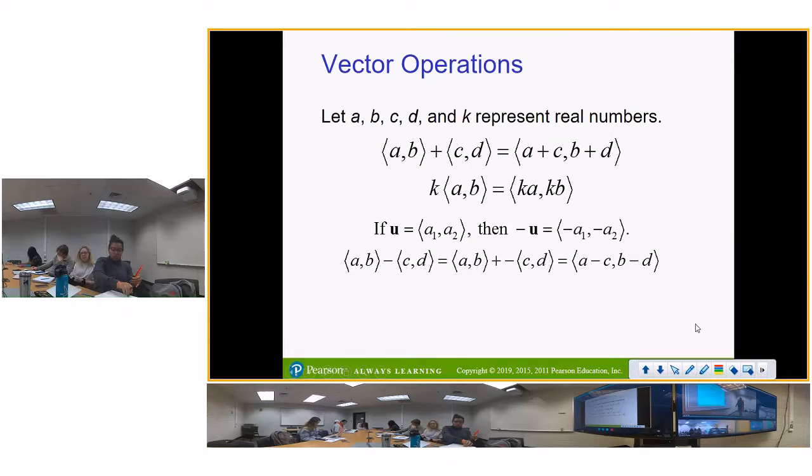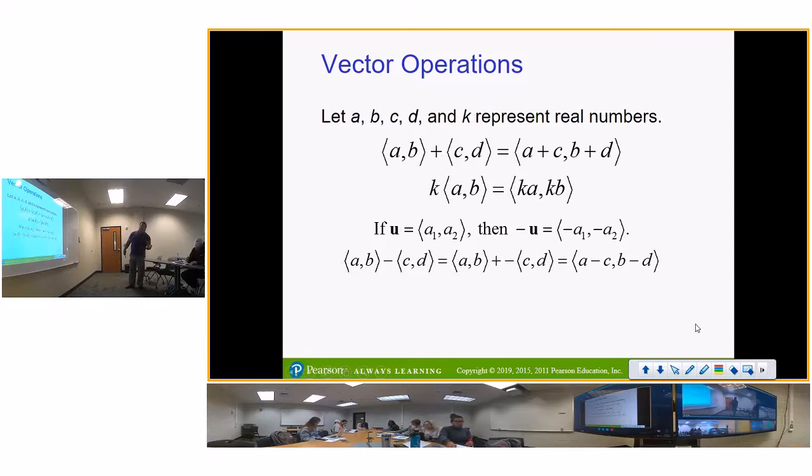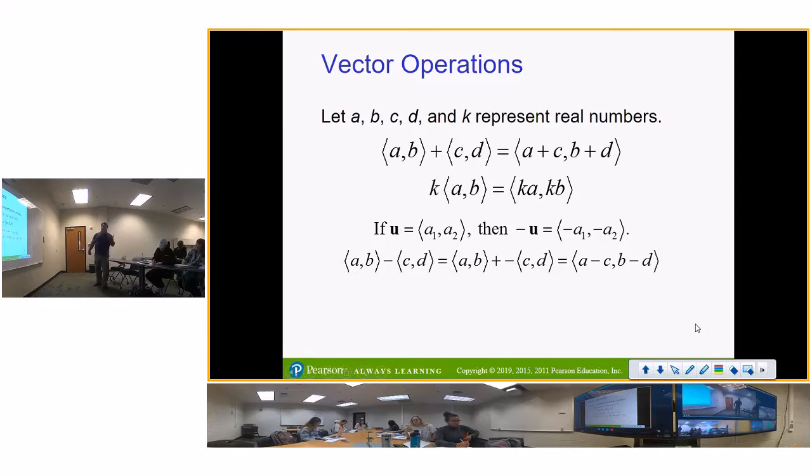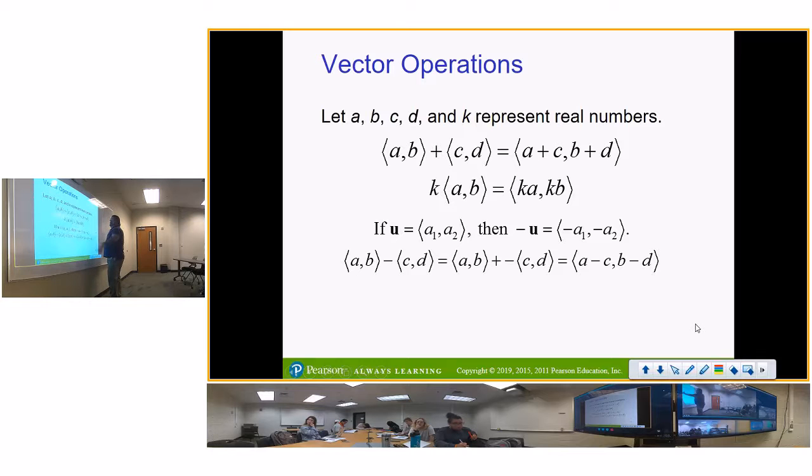Make sure you write these down right quick, because this basically says that you can add vectors, because we're going to get down to a unit vector and we're going to get to a dot product. I don't know if we're going to get to a dot product. Hopefully we will. You're going to be multiplying vectors, dividing vectors. So you can add a vector: A plus C is B plus D. You can multiply by a scalar, which means if this was 1 and this was 1 and this was 5, then the unit vector would be 1.